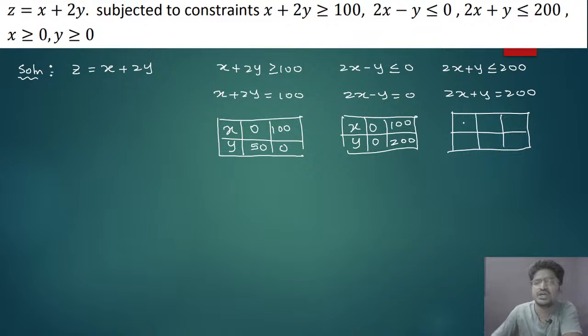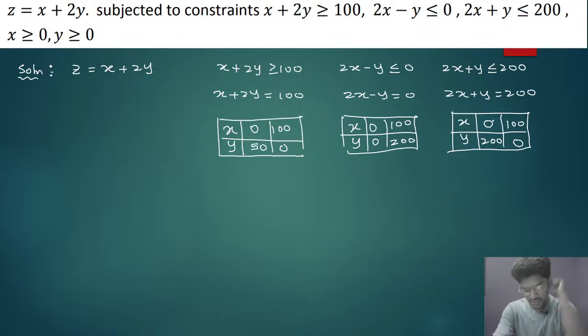Go for the third equation and simplify it. Again you can take x and y terms. If I take x value as 0, y will be 200. In the same way, if I take y as 0, x will be 100. So everyone quickly tell me, have you understood this?